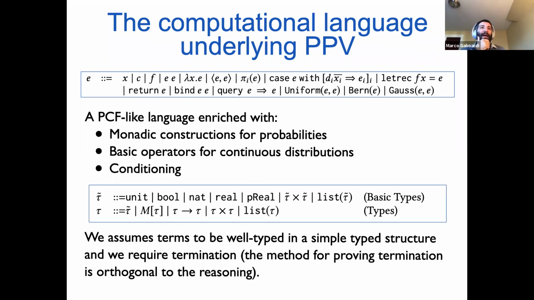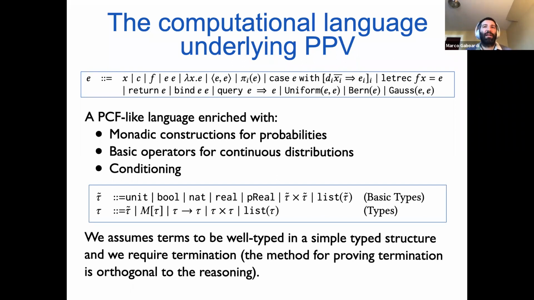Now, again, types reflect this distinction between monadic types and basic types. We distinguish also between base types and regular types, where we have monadic types, arrow types, product types, and list types. But for the talk, you can just think about types in general.